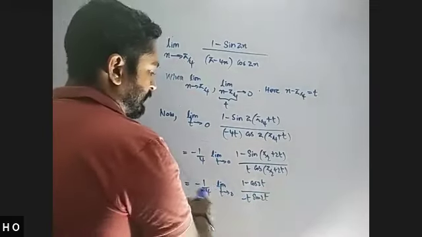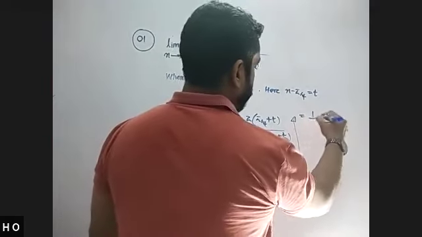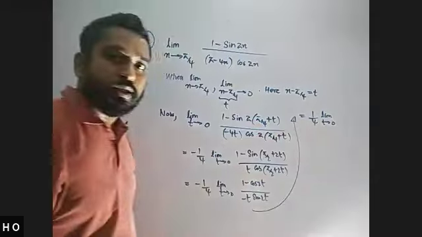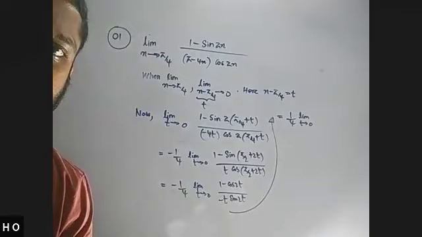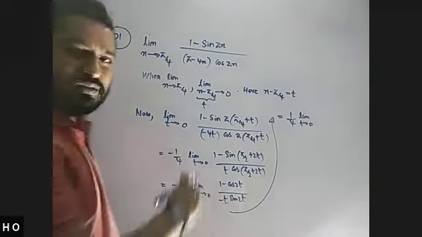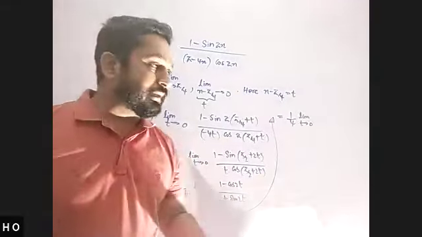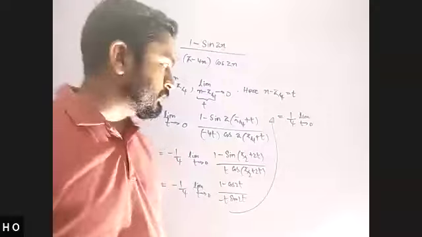This minus can be taken out for the next step. It is going to be 1 by 4, limit t tends to 0. There is no point of keeping cosines. You need to search for that sine over here, in particular sine t over t, to get rid of that 0 over 0 undefined value.